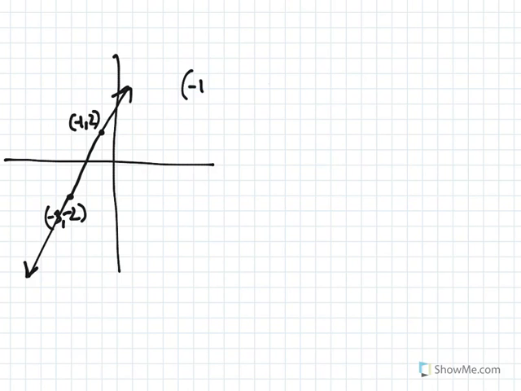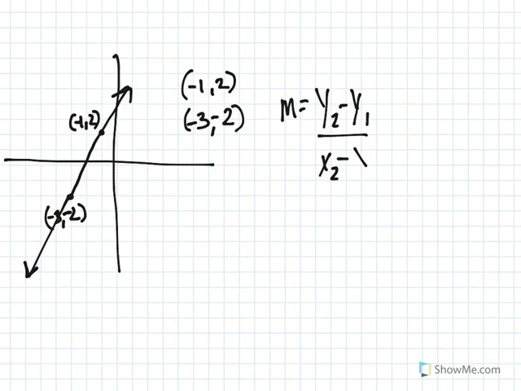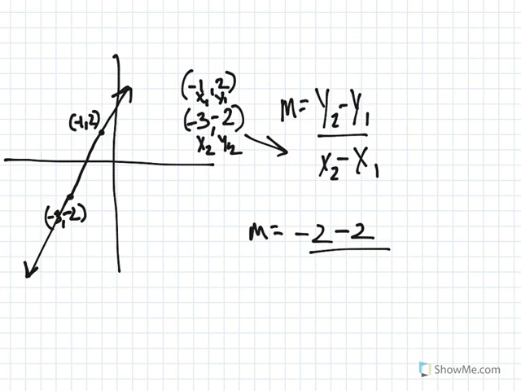I'm going to rewrite my points over here. I'm going to write my formula, always. I'm going to name my points. I'm going to plug them into the formula, okay? So I have slope equals negative 2 minus 2 over negative 3 minus negative 1.